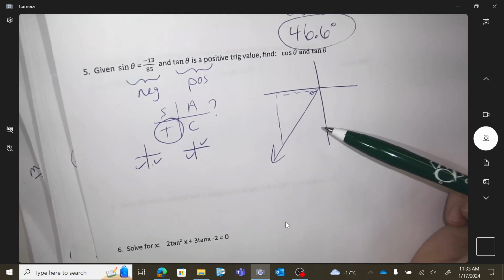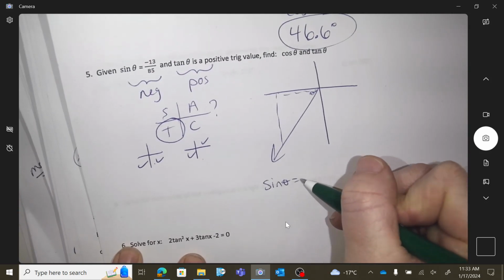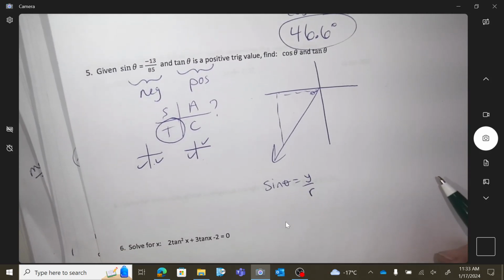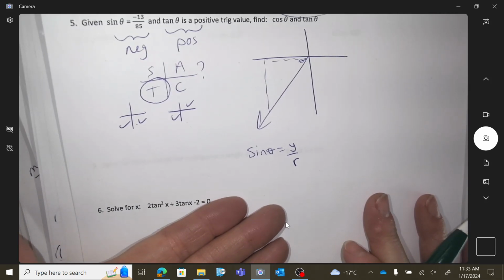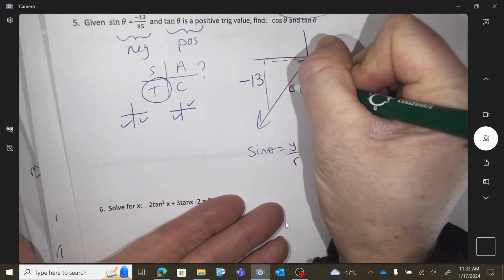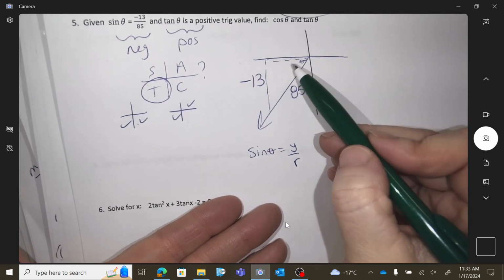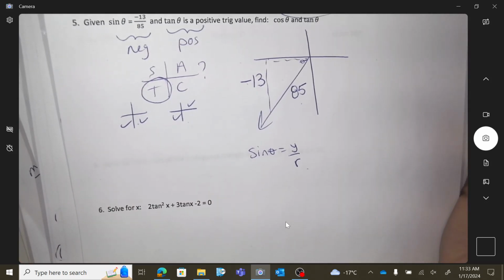So some of you might do SOHCAHTOA business, and some of you might follow the formulas that are on your formula sheet. And this is the formula on your formula sheet. Opposite, hypotenuse, placing them in your triangle positions.